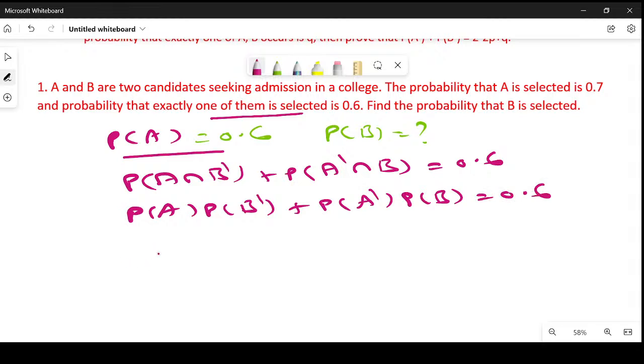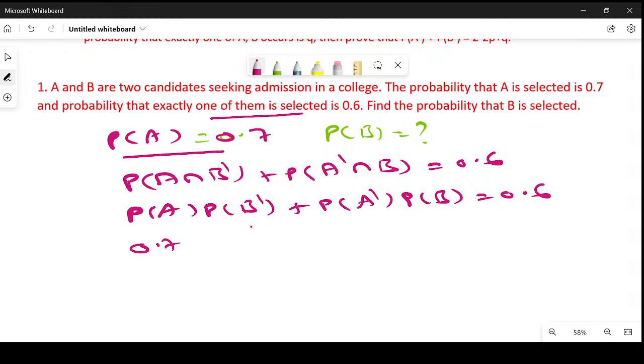Oh sorry, P of A is given as 0.7, not 0.6. You should be careful here, sometimes you may make this mistake. They have given this value as 0.7, so P of A is 0.7.